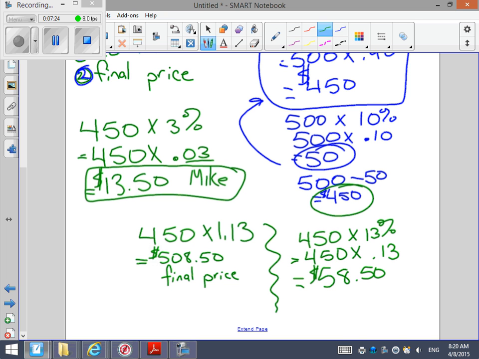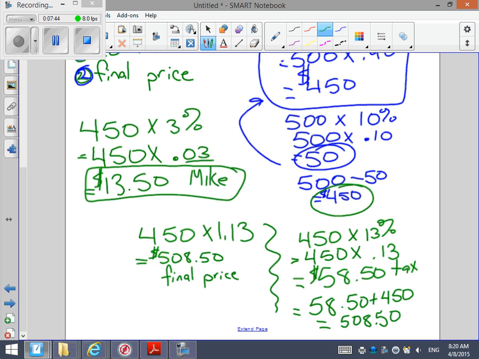That's just the tax. What we'd have to do then is add that back to the original sale price. That's $58.50 plus $450, and we get the exact same answer that we had a second ago, $508.50.